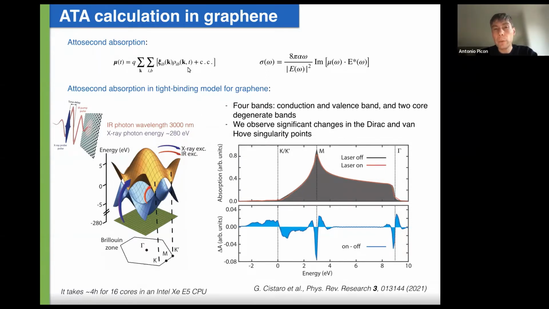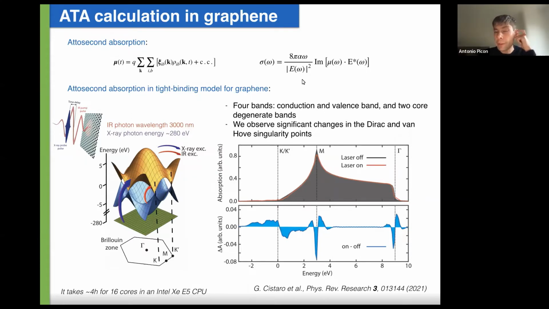We can introduce any pulse that we want, because this is computing time. Then this will give us directly the absorption for a range of omega, where omega is constrained by the bandwidth of the pulse, which is the Fourier transform of the electric field of the pulse. So this is mainly how we are calculating the absorption.